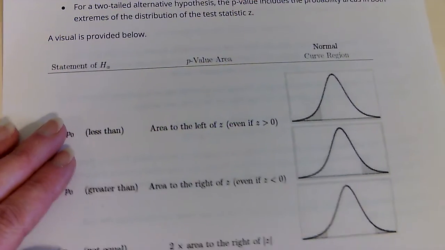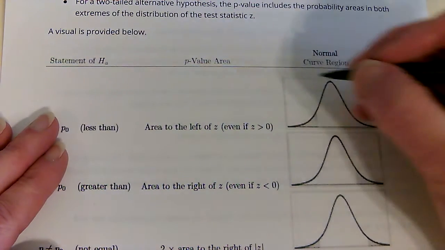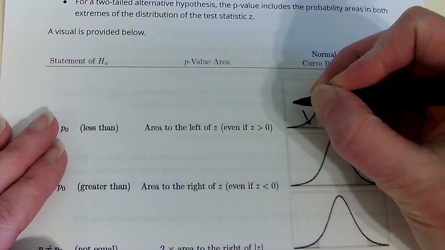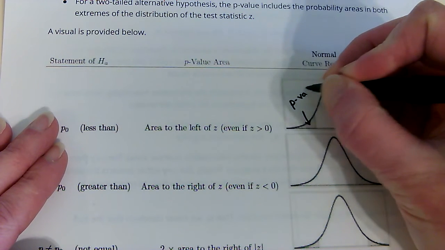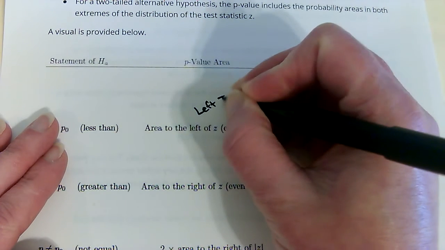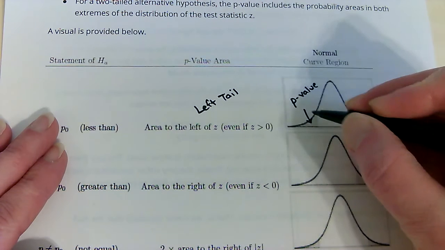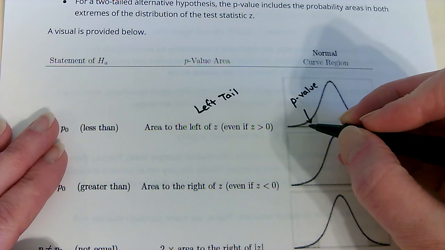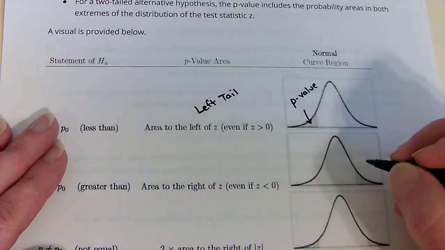If we're looking at a less than, then our p-value is the probability, or this area right here. This is our p-value. This is a left tail test. Our p-value is represented by this area here. So the smaller that is, the more likely we are to reject the null.